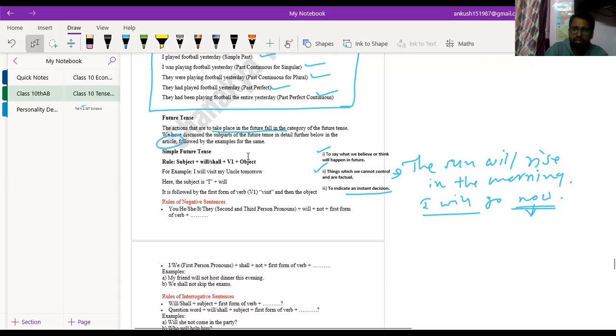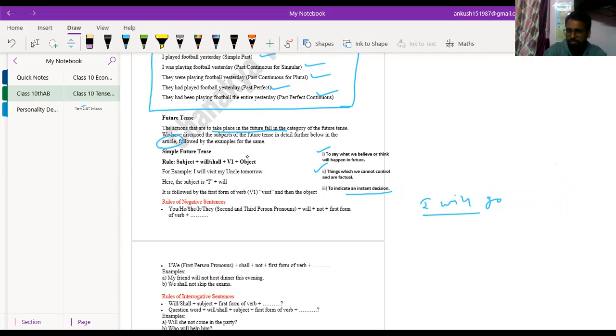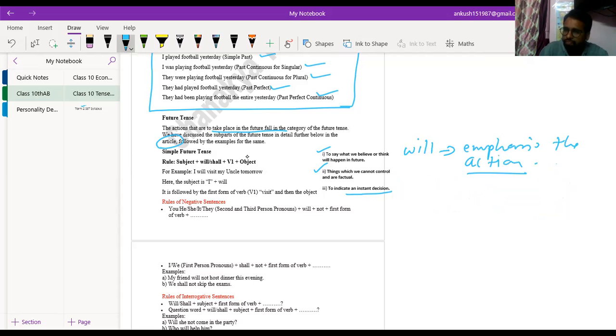Now there is a difference between using will and shall. There is a slight difference. What difference is there? Will always emphasizes the action, and shall tells you an uncertainty of action in the future.